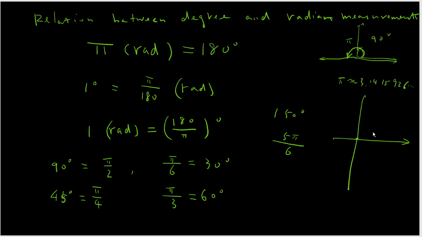The origin is always considered as the vertex of any angle. If you rotate the initial side counterclockwise, then you have a positive angle. If you rotate the initial side clockwise, then you have a negative angle.